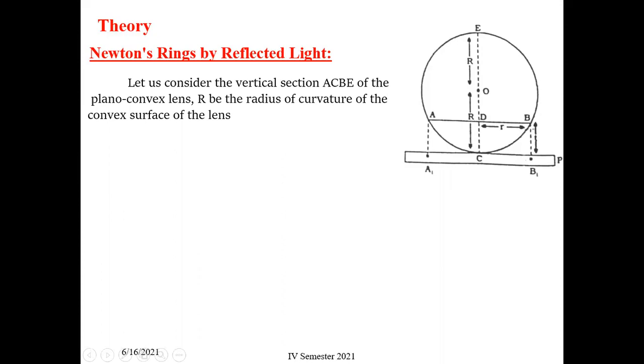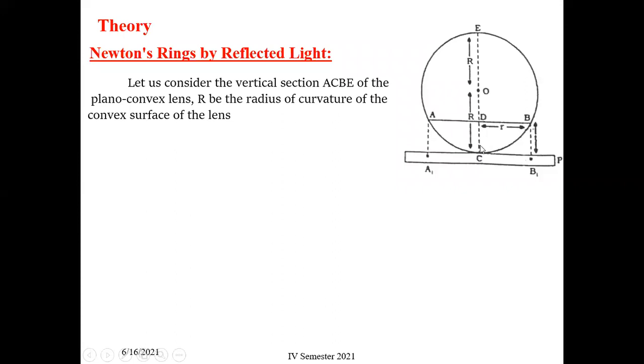This plano convex lens has a curved surface. Suppose ACB is one arc. If you extend it, this curved surface forms one circle. That's why you take the vertical cross section ACBE of the plano convex lens.